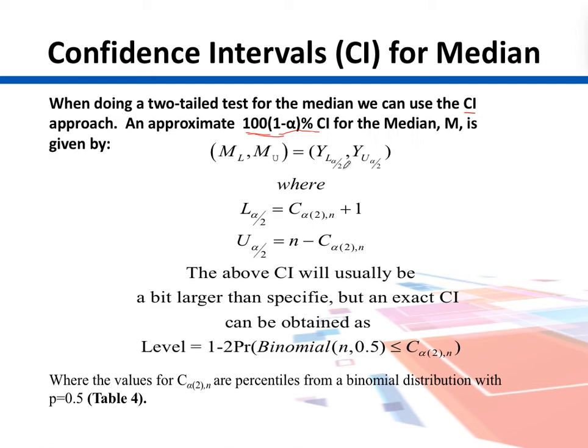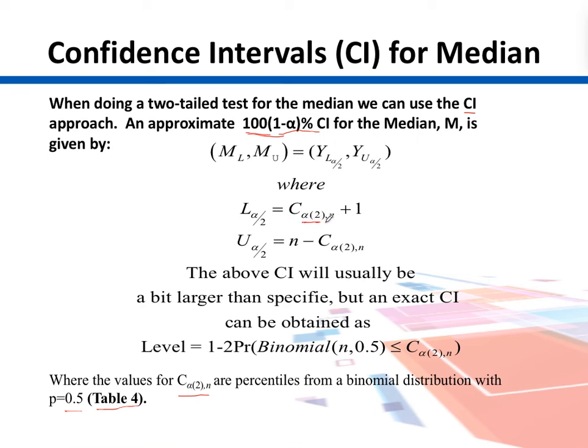We can determine these two numbers using a table, table 4 in our book. That's where we have the percentiles from a binomial distribution with p equal to 0.5, and those percentiles are represented by C. This C represents the location of the number to pick in order to make the two confidence limits. So the lower limit, L at alpha by 2, is equal to C at alpha two-sided, which is in the table.